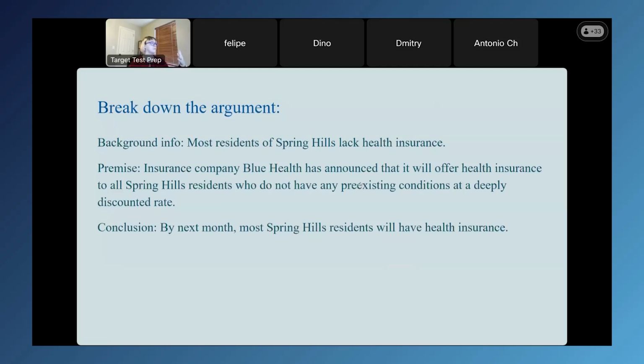So, background, most residents lack health insurance. Our premise is that this company, in particular, Blue Health, is going to offer health insurance to all Spring Hills residents who do not have any pre-existing conditions at a deeply discounted rate. So by next month, most Spring Hills residents will have health insurance from somebody, not necessarily from Blue Health.